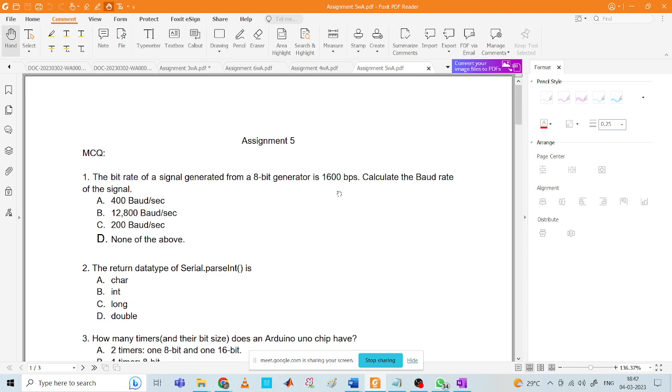No, sir. 200, sir. Exactly, 200, yes. So it is 1600 divided by 8, correct. So it is the bit rate, which is 1600 divided by 8. So this gives me 200.